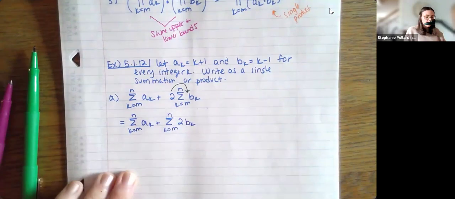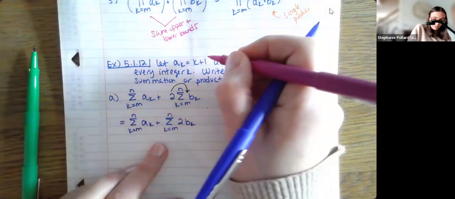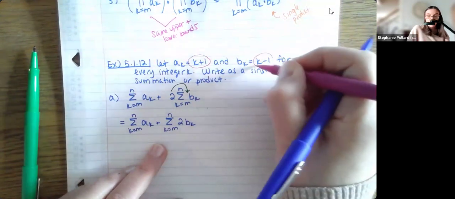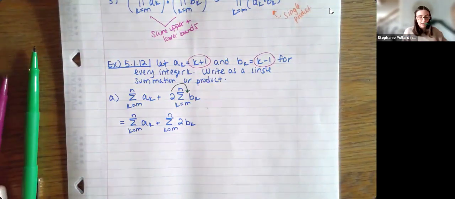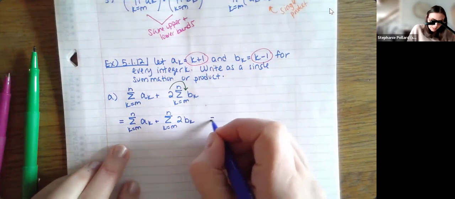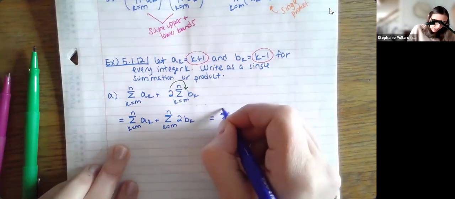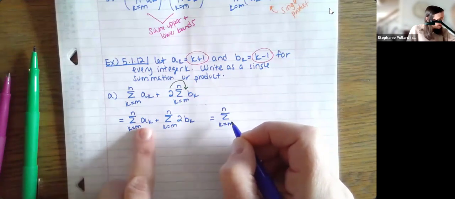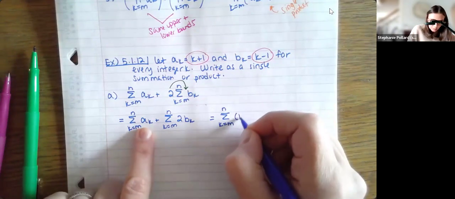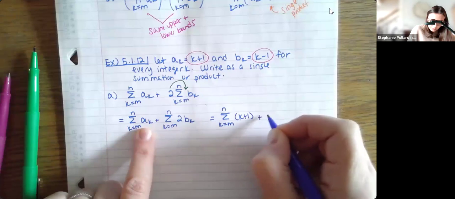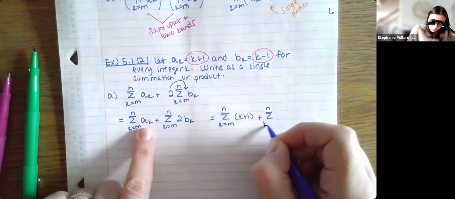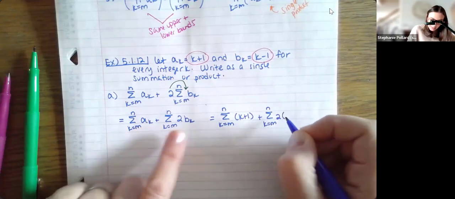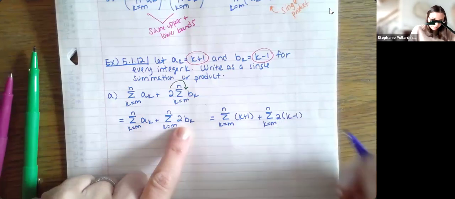And then what I can also do is I do actually have formulas for A sub k and B sub k. So I definitely want to plug those back in instead. So this becomes the sum from k equals m to n. Now A sub k is turning into k plus 1. And then B sub k is turning into k minus 1.